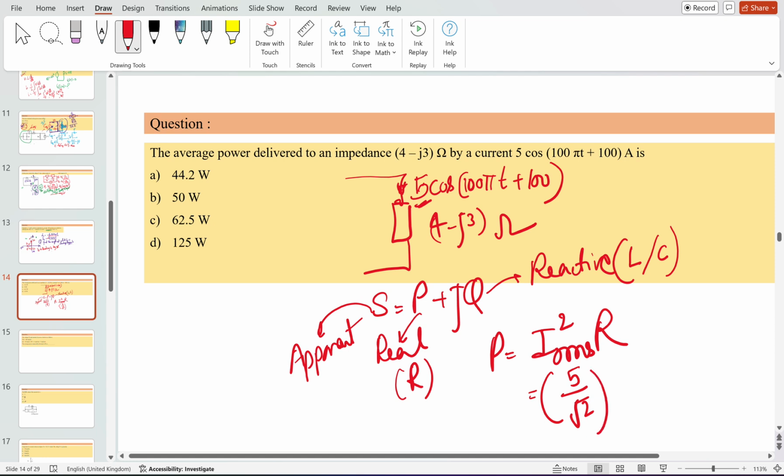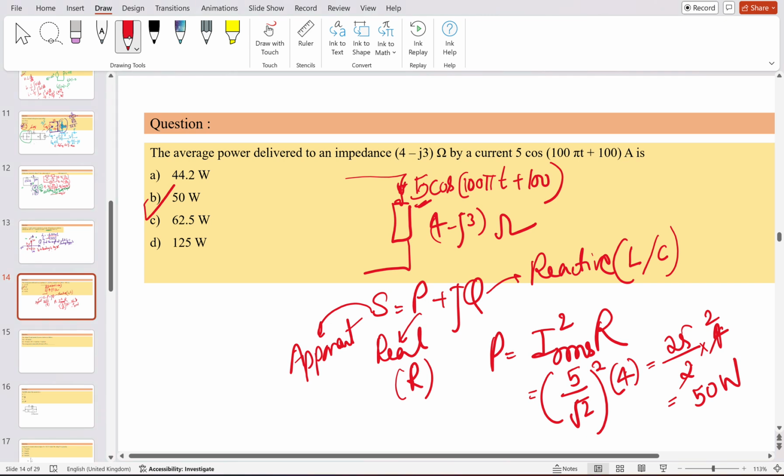Its square multiplied by R, which is given as 4, will be 25 divided by 2 multiplied by 4. It will come out to be 50 watt. Any doubt? The power loss will simply happen across the R, that is simply equal to I RMS square times R.